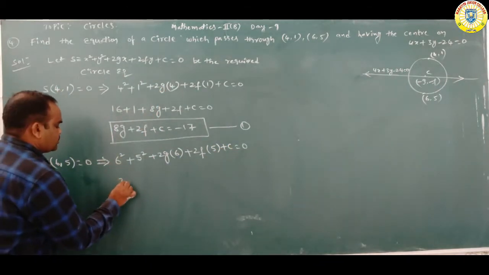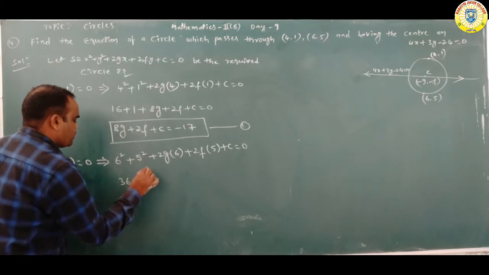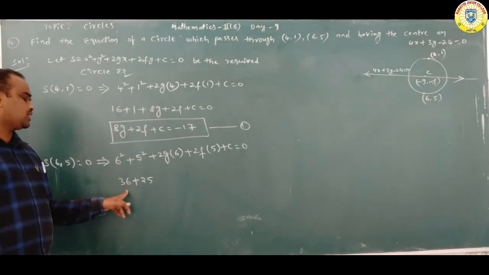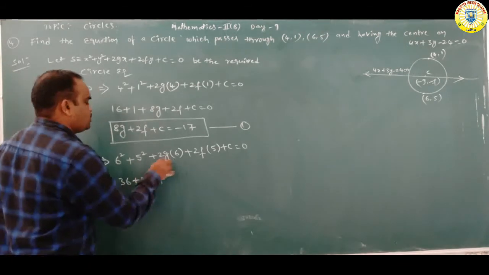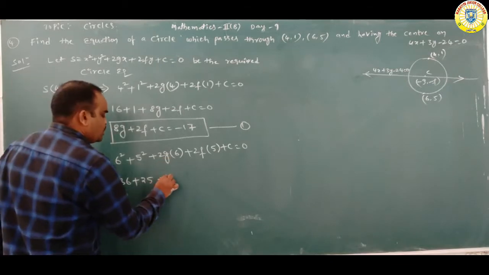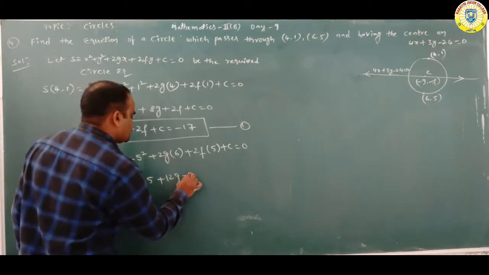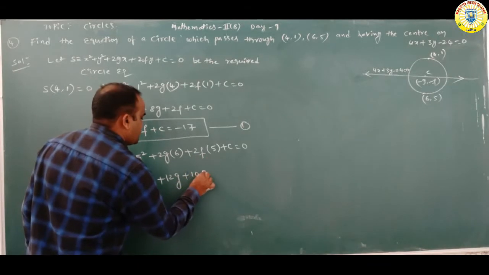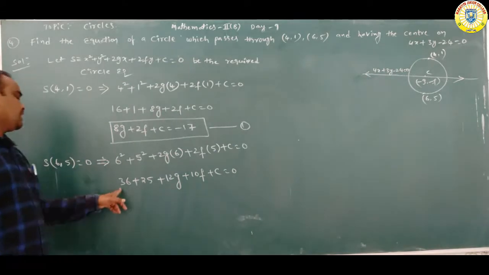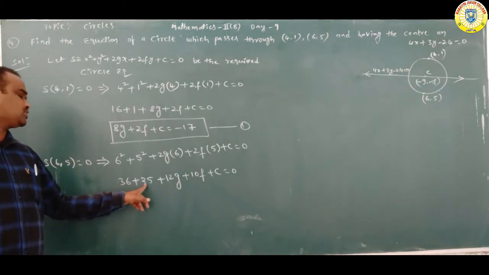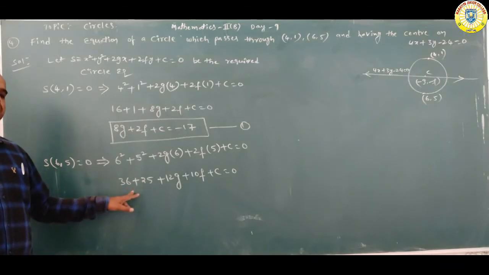6² = 36, 5² = 25, plus 2g into 6, that is 12g, plus 2 into 5, that is 10f, plus c = 0. Here 36 + 25, what is the value, sir? 61.